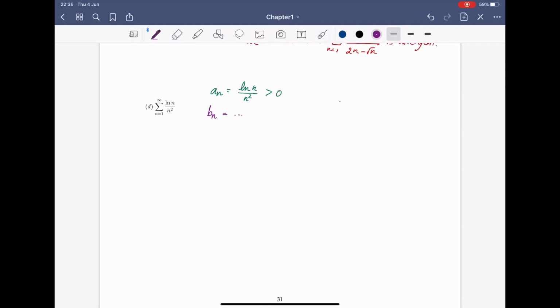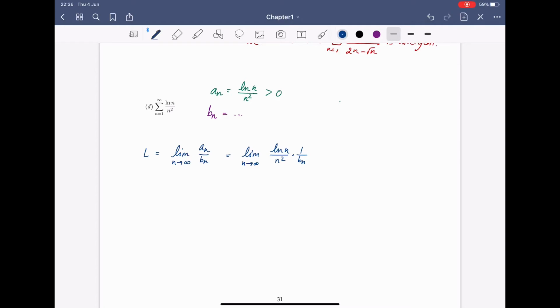So let's skip that part first, and then let's compute our limit L. So it's going to be the limit of a_n over b_n. Alright, so I have the limit of log n over n squared. Well, what should I pick for b_n so I can compute the limit easily?